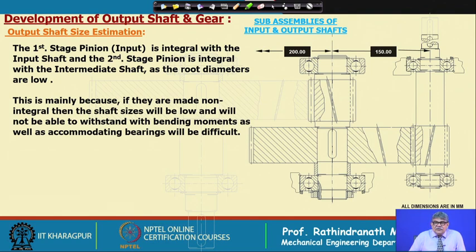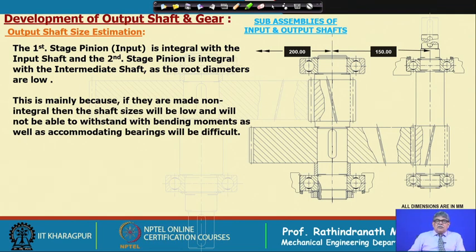So, it is essential to make these two pinions, input and intermediate, that is first stage pinion and second stage pinion, integral with the respective shaft. This means the shaft material is the pinion material, which has high strength. But in this case, as the shaft is made of another material, and as there is space for making the shaft large, we can go for some other material.